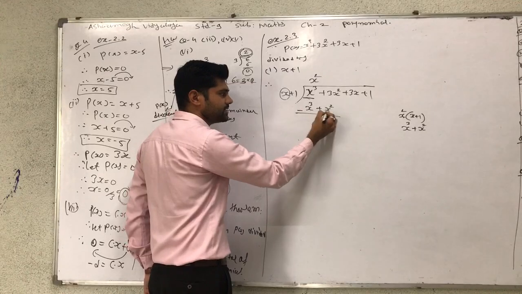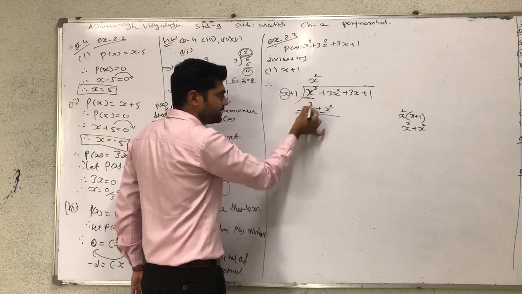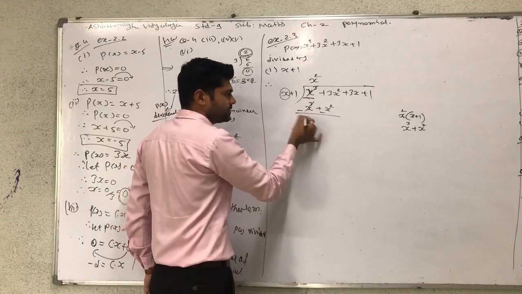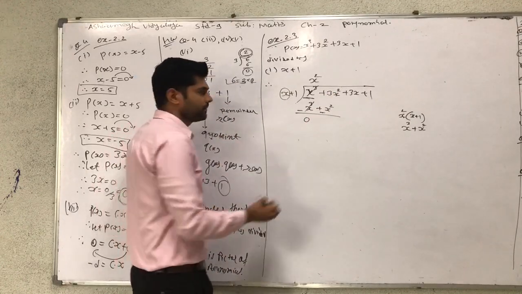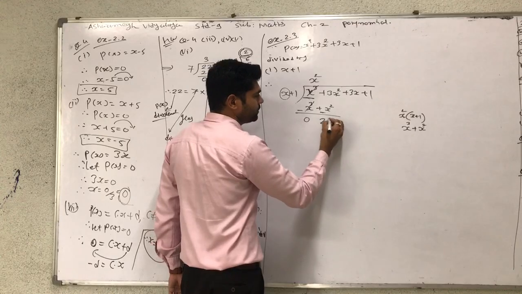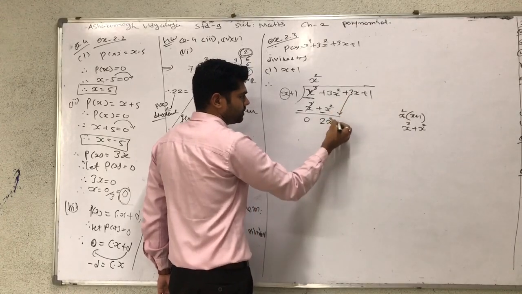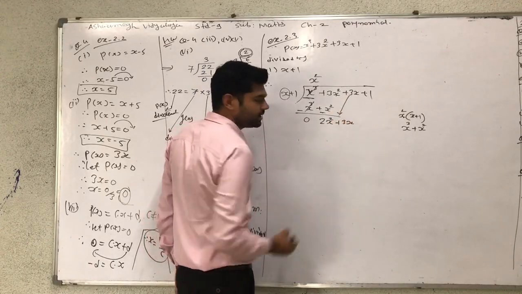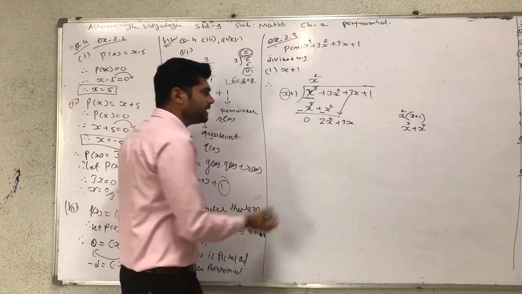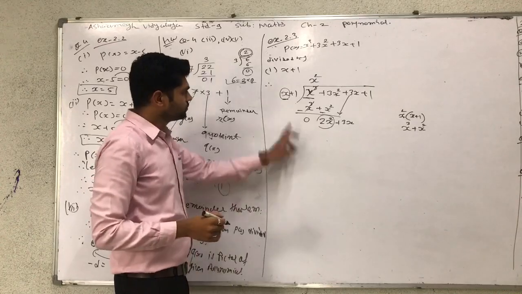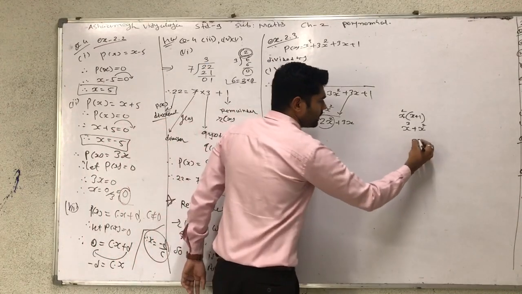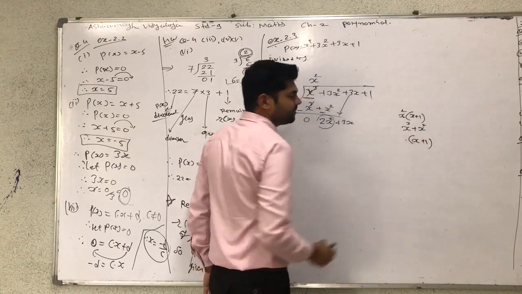After this change sign, so cancel this term, answer is 0. So 3x square minus x square, answer is plus 2x square, now plus 3x. So now we created 2x square from x. So first, x plus 1 multiply by which term?